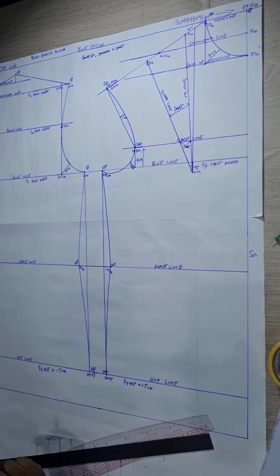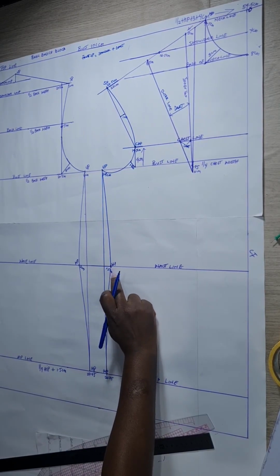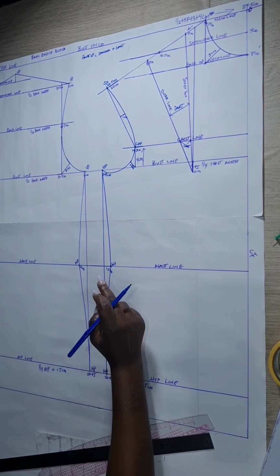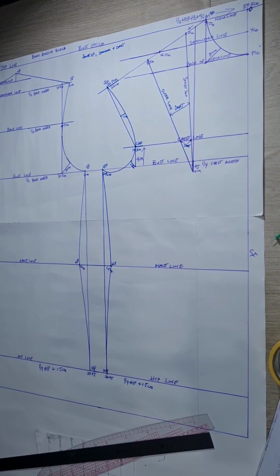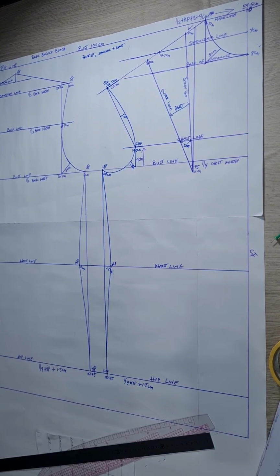The instruction says I should measure 0.5 centimeter down on both the back and the front, and 1 centimeter plus below the waist at the CF. In large sizes, 1 centimeter below waist point and 2.2 to 2.5 centimeter on the CF.